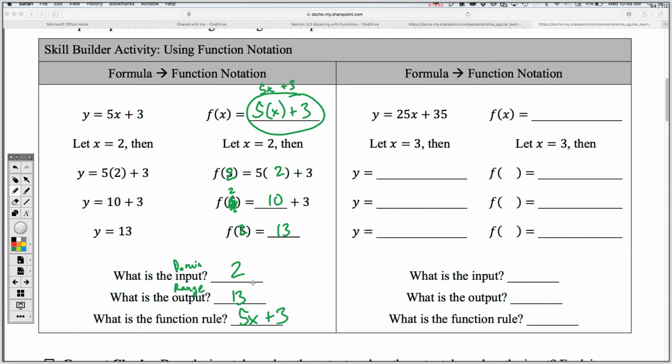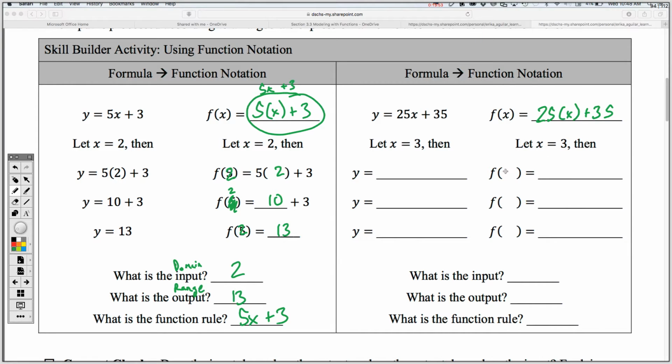So what changes did you make to it? And it's just whatever is on the right side, basically. You multiply by 5, you add 3. Y equals 25x plus 35. How would I write it as function notation? Good. Okay, now x equals 3.